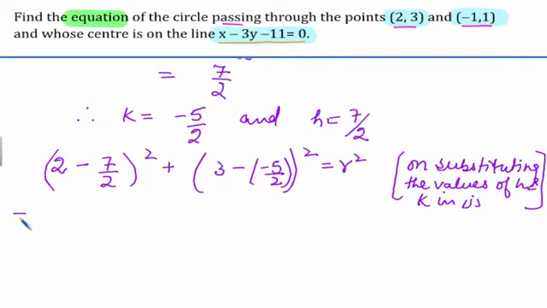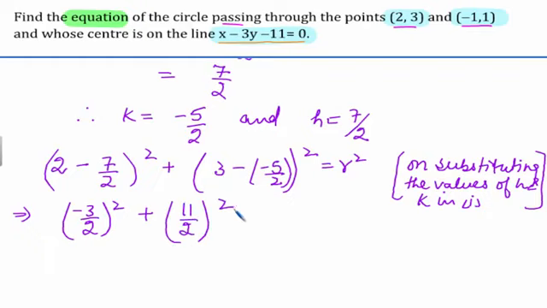Now this further implies that we have minus 3 upon 2 whole square on simplifying the first bracket plus 3 plus 5 upon 2, which gives 11 upon 2 whole square. So this is equal to r square.